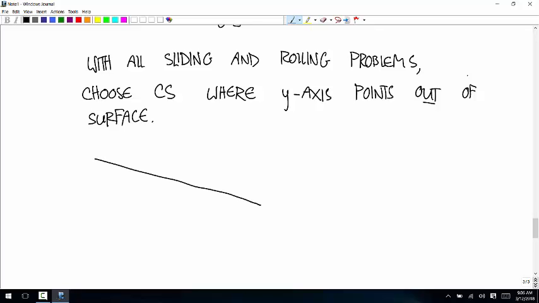Okay, so let me do an example. Let's say we have a block on this incline, 5 kilograms. There's a 50 Newton force.